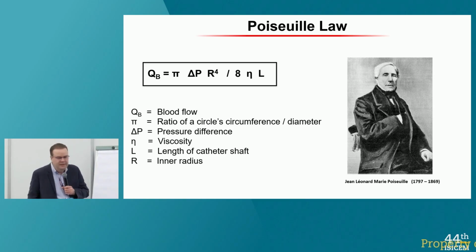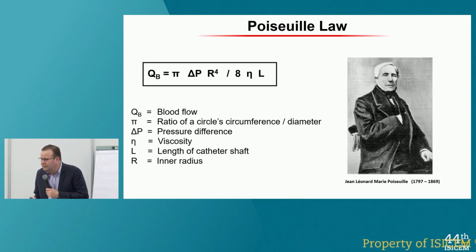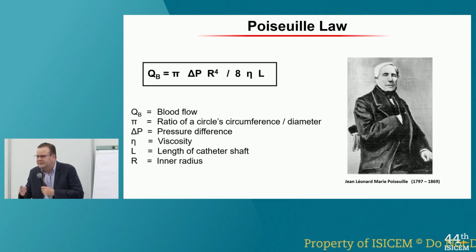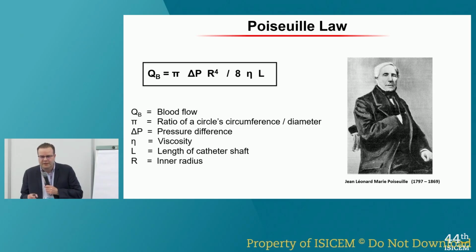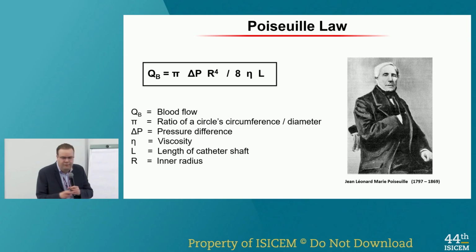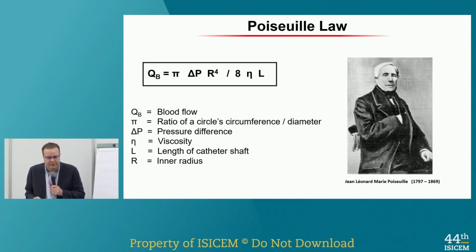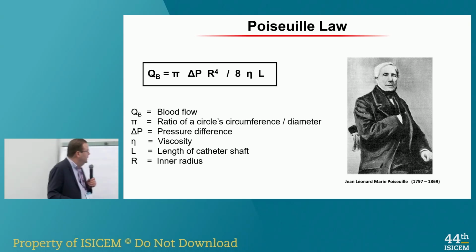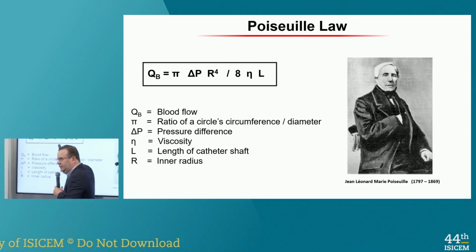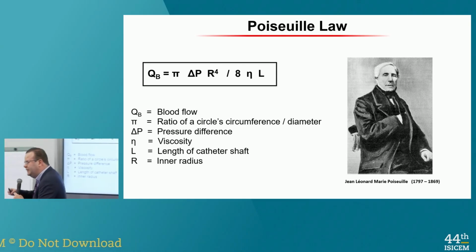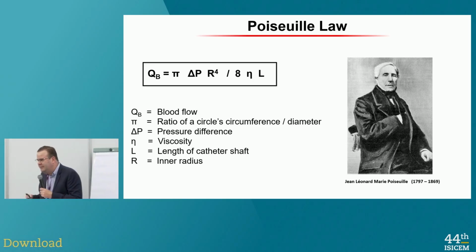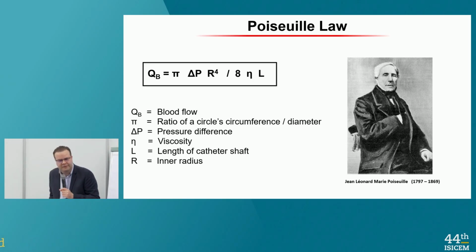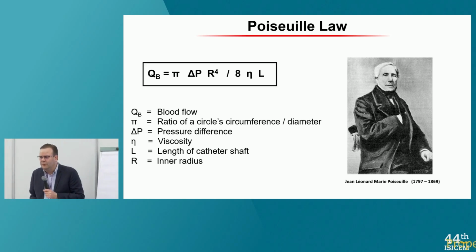And what did he write? He wrote that the blood flow allowed inside the catheter is directly a function of the diameter of the catheter, to the power of 4. I don't know if you see the number 4 here, but it is very important, because it means that if you increase the diameter of your catheter a little bit, you are going to increase very much the blood flow allowed inside the catheter.